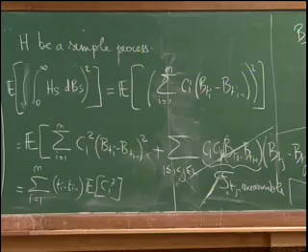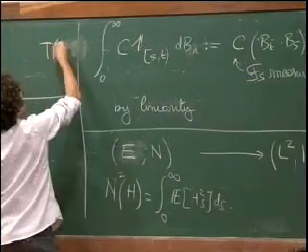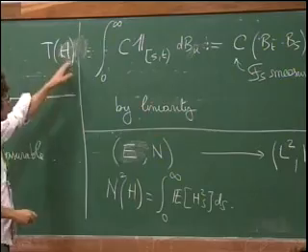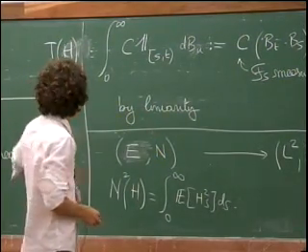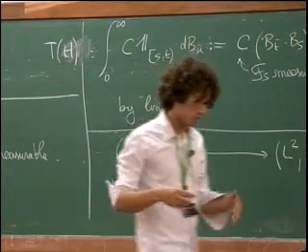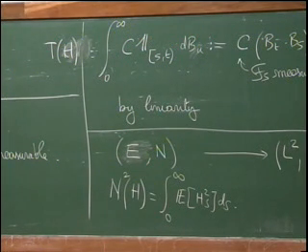So basically, if I call this map T, which takes a simple process and associates the integral, it's just an isometry.